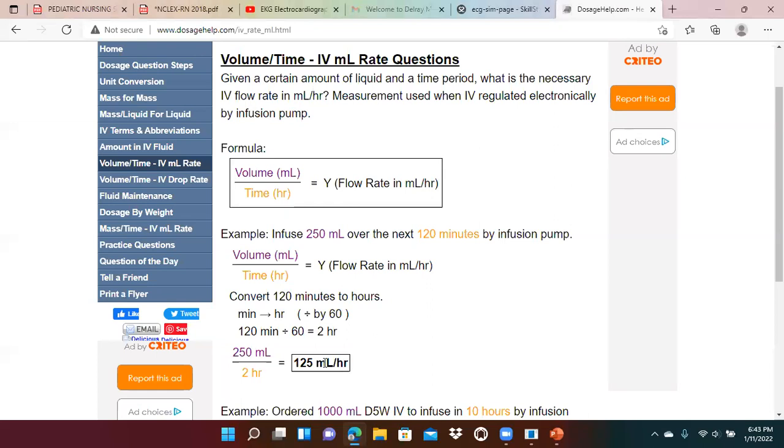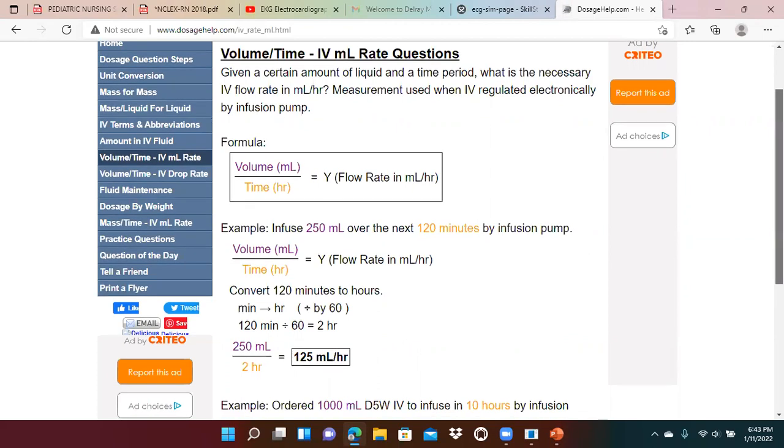And this is the flow rate in ml per hour. It is called the flow rate formula, volume in milliliter divided by time in hour. Expressing the unit is important to get an accurate answer.